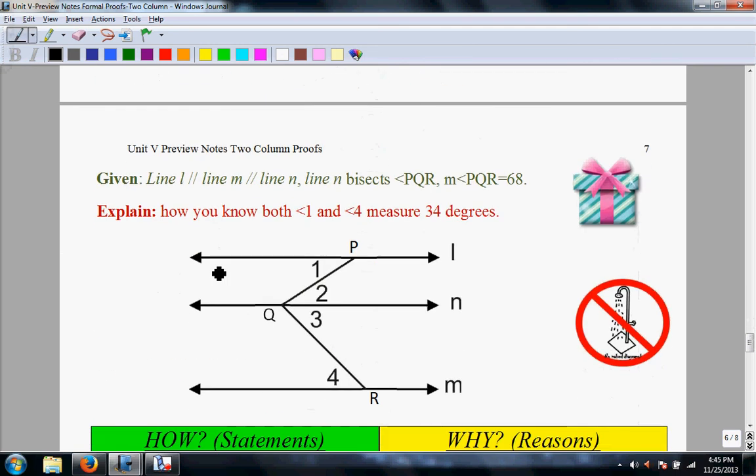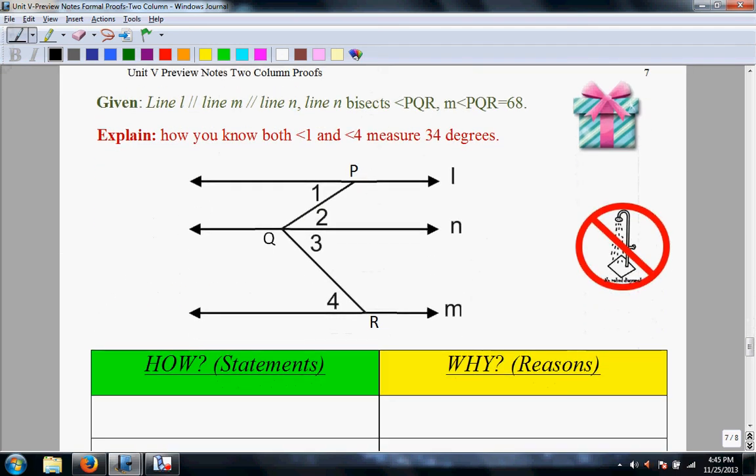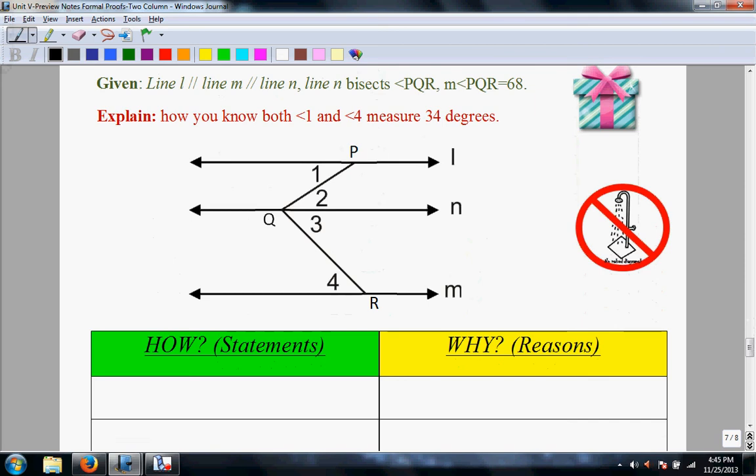We're going to do two examples together. So our goal is to get through given, implied, freebies, and talk through. Let me demonstrate how this works.